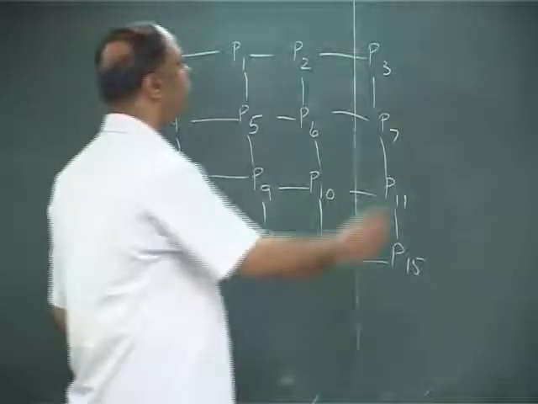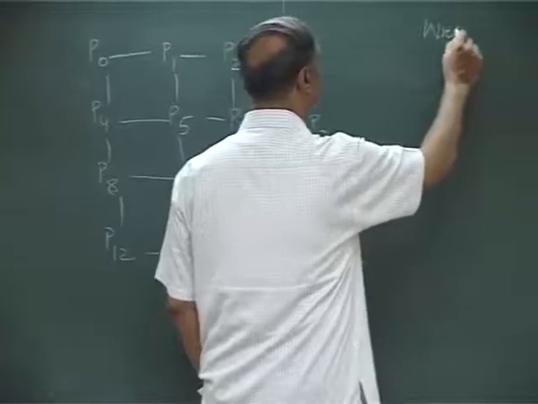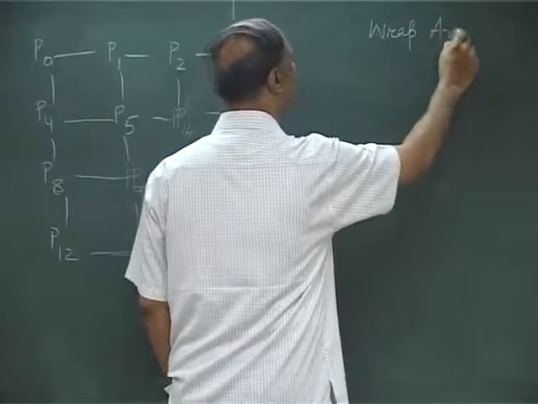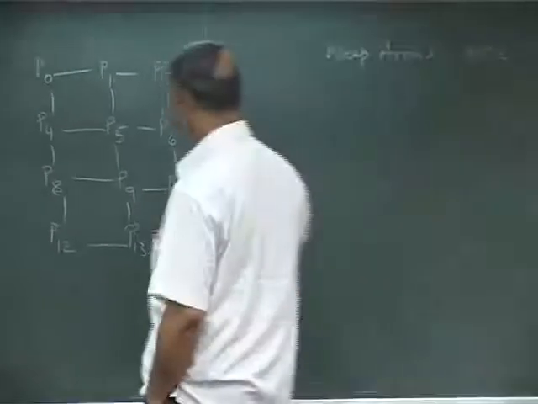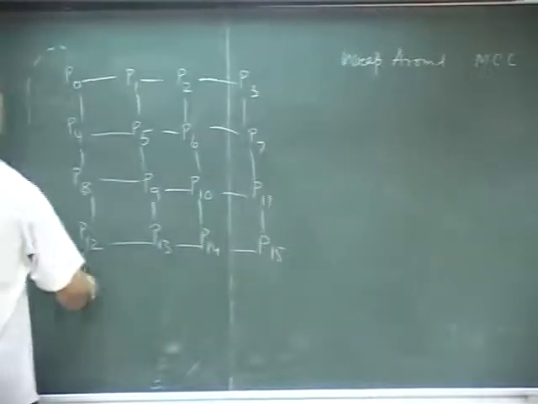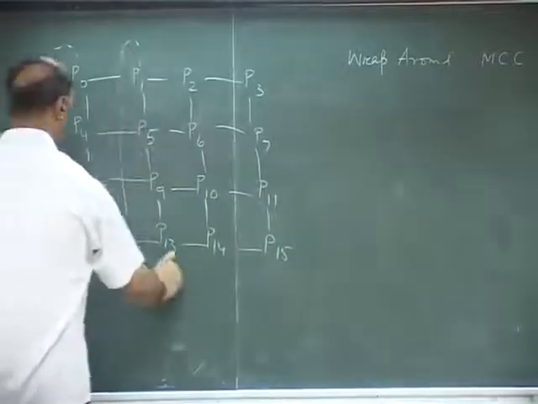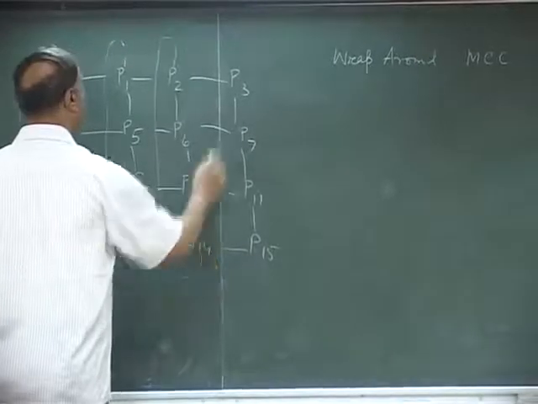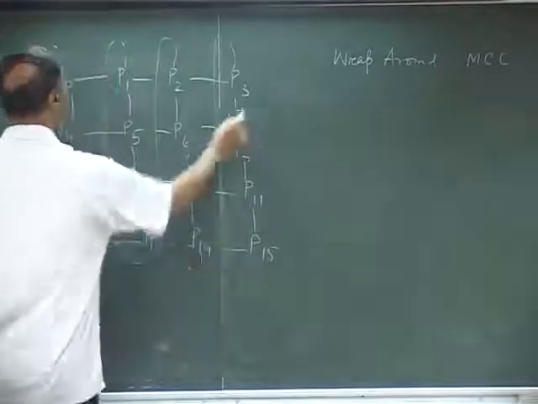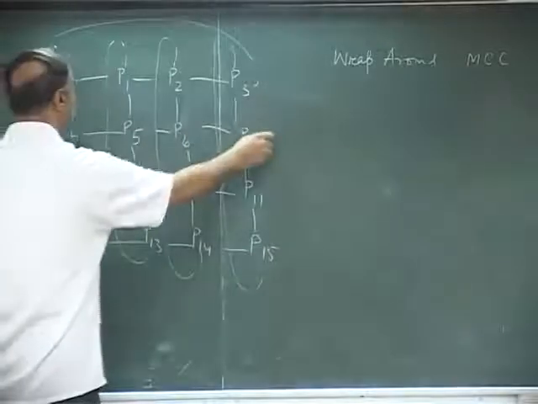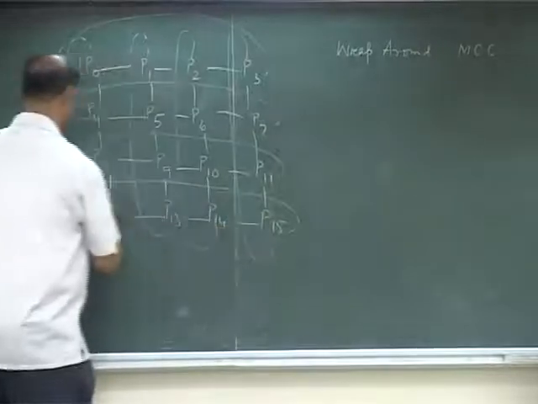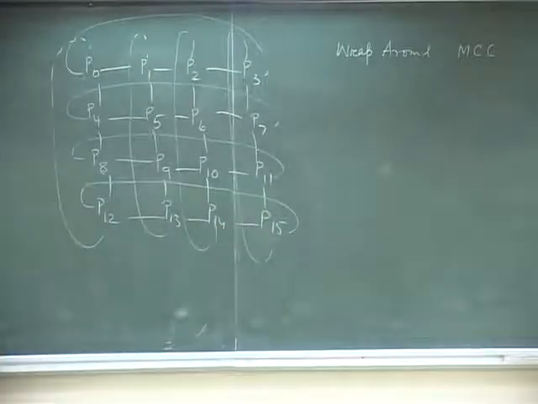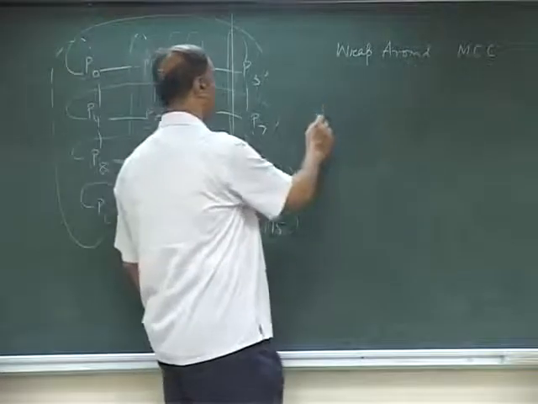Now there is another model which is known as wraparound mesh connected computers, and here it means that P0 is connected with P12 or P13 is connected with P1 and so on. Similarly is the case with this. That means every processor will have 4 connections. So Illiac machines are of this type.